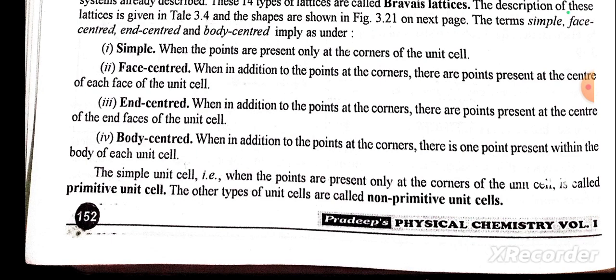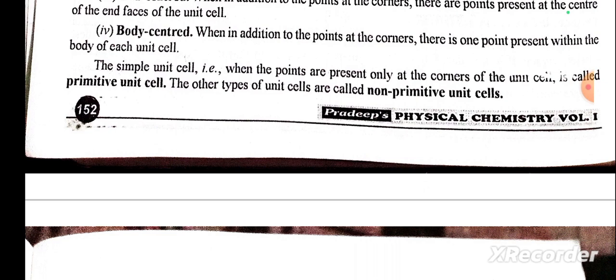Fourth is body centered, when in addition to the points at the corner, there is one point present within the body of the unit cell. When the points are present only at the corner of the unit cell, it is called a primitive unit cell, and the other types are non-primitive unit cells.